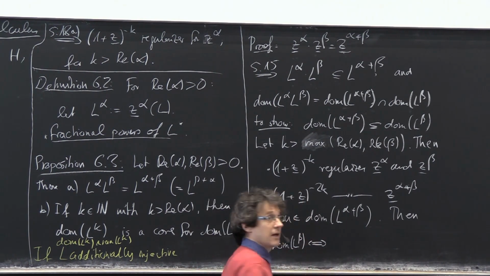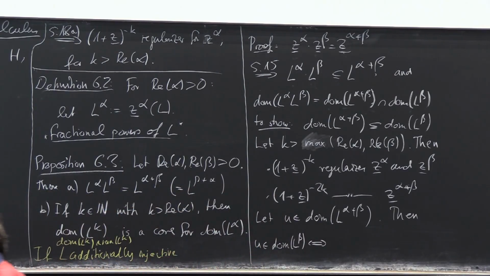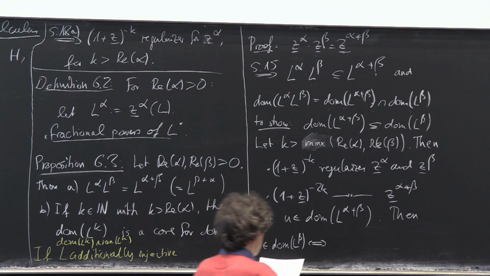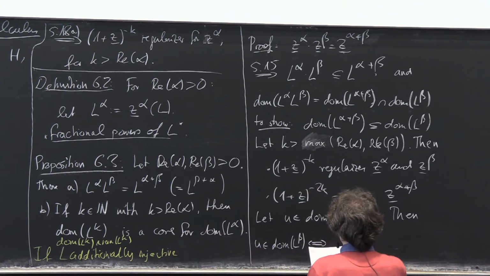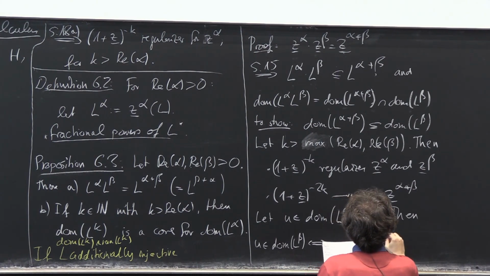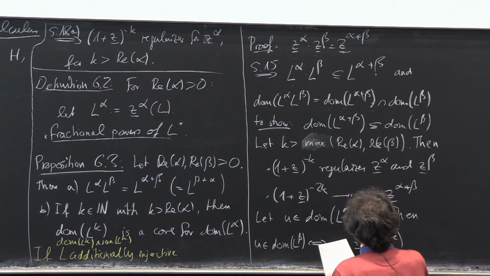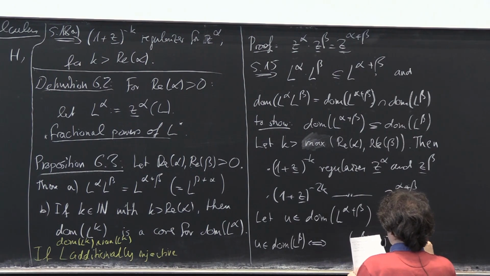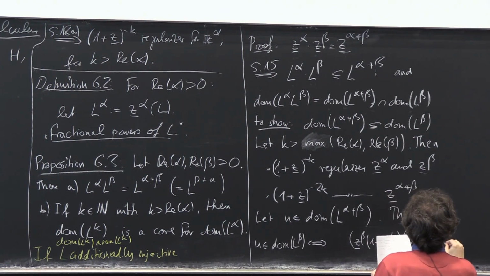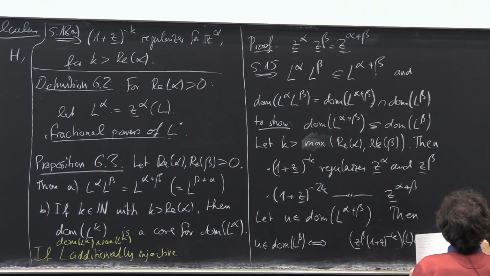Now we have to go back to last week, to our regularization. This means that the regularized function, so z to the beta times 1 plus z to the minus k, applied to L, u, is in the range of the regularizer, so in the range of 1 plus L to the minus k.